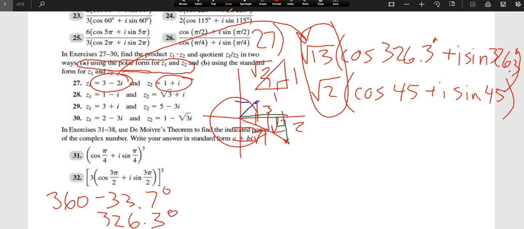What's radical 13 times radical 2? Radical 26. Good job. What do we do with the 326.3 and the 45? You add. Good call. So 326.3 plus 45. 371.3.